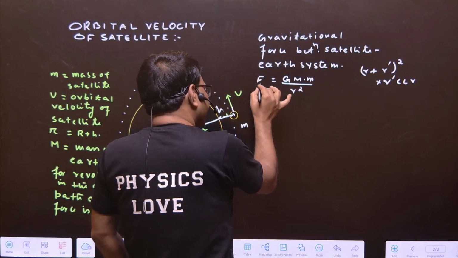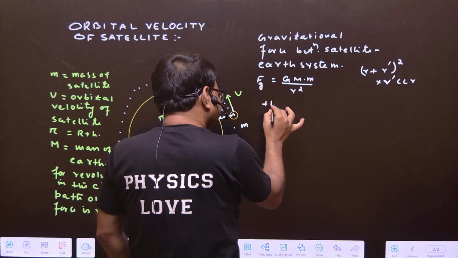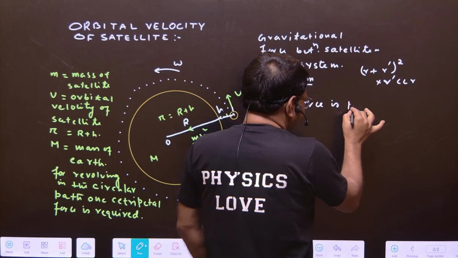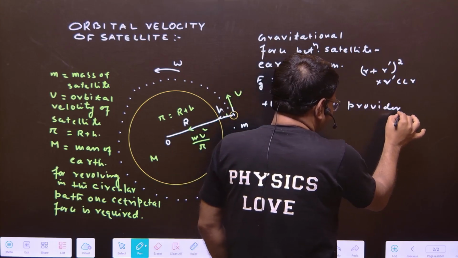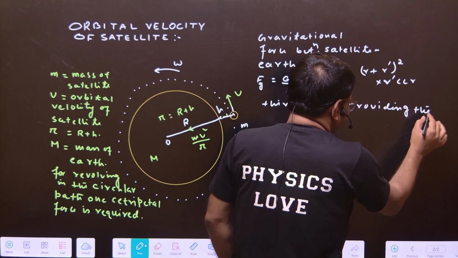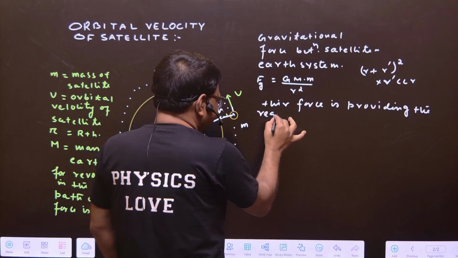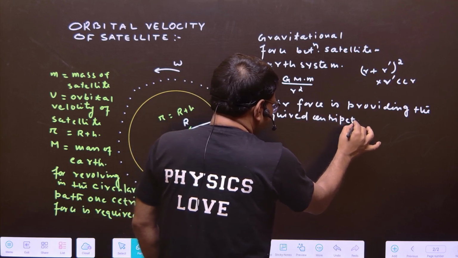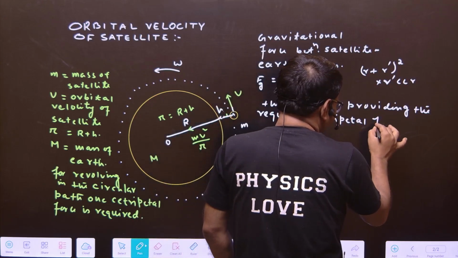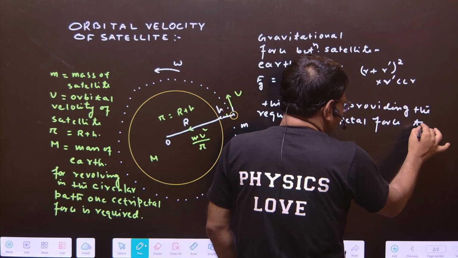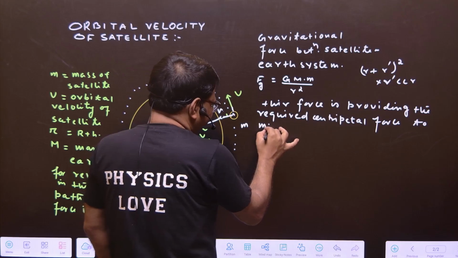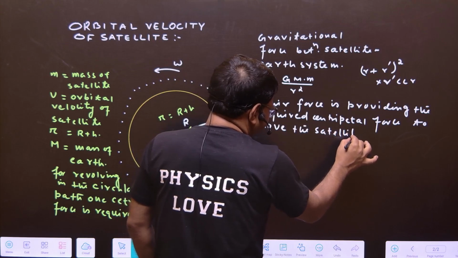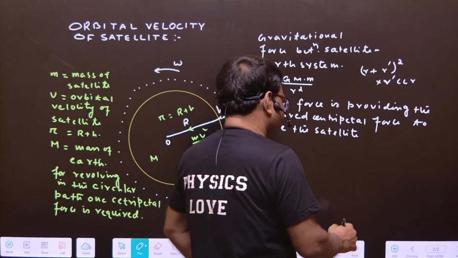So the gravitational force Fg is providing the required centripetal force to move the satellite in the circular orbit.